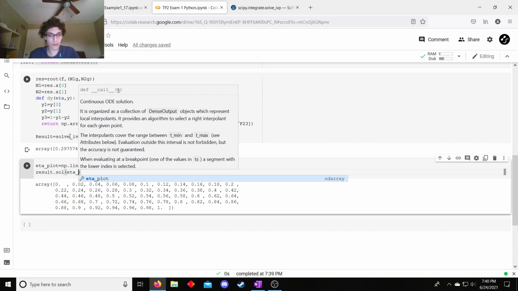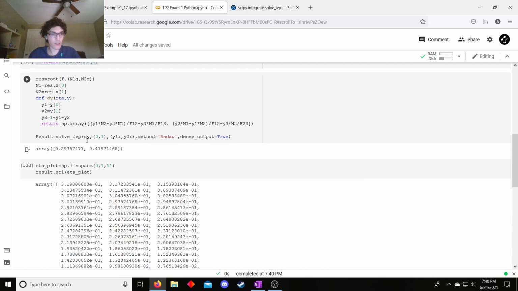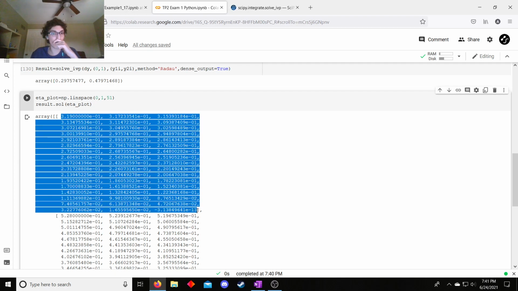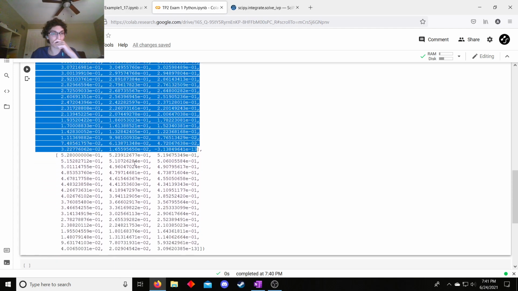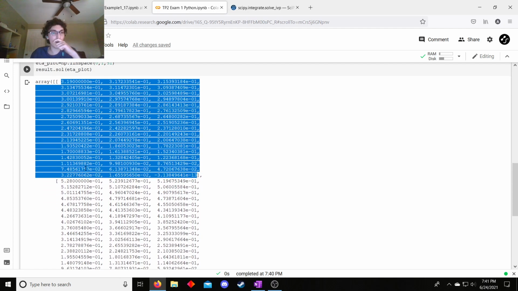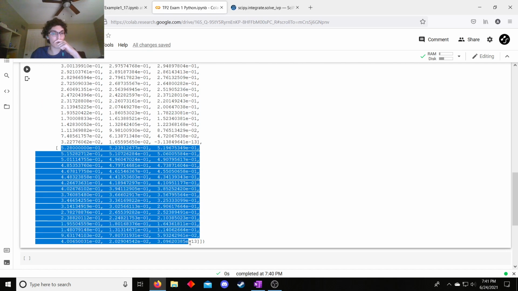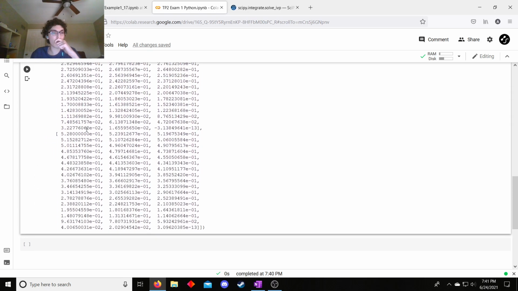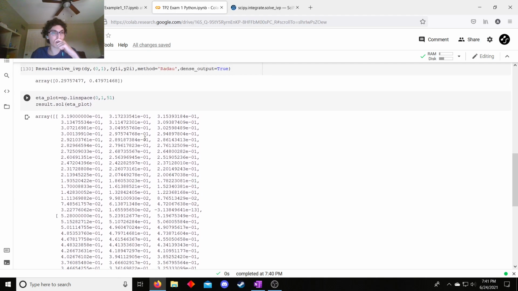Eta plot. Okay, so this is what we get. We get the mole fractions of acetone at each point in eta plot. And remember, eta plot is from 0 to 1, in 51 equal intervals, so it tells us what the mole fractions are at all those intervals. And then we get methanol over here.